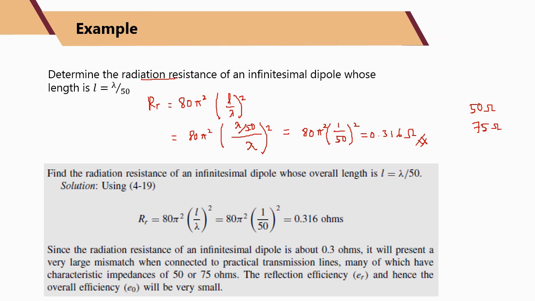It is only 0.316 ohm. Therefore, we expect a large mismatch when this dipole is connected to a normal transmission line, which results in very small efficiency of the overall system.